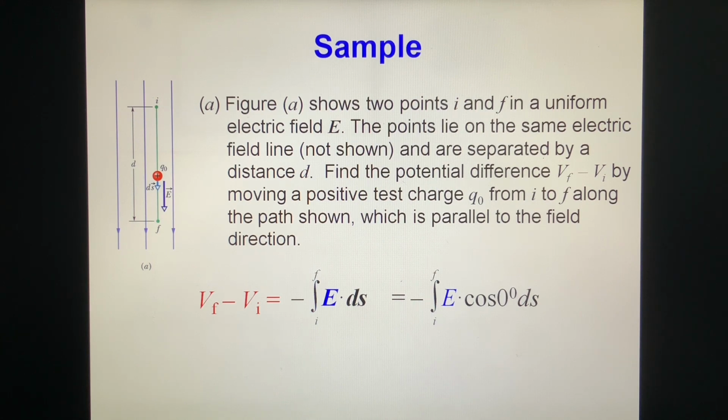And E is uniform, so we can take E out. The integral of ds equals S, and the total S is D. So this is equal to minus ED.